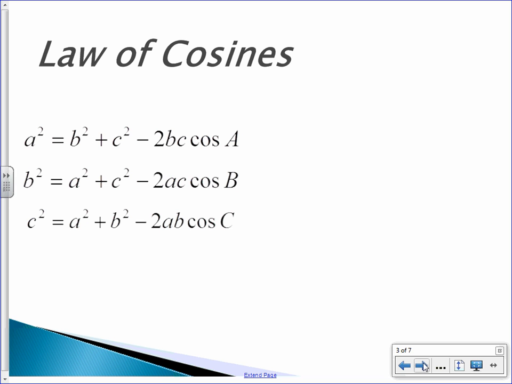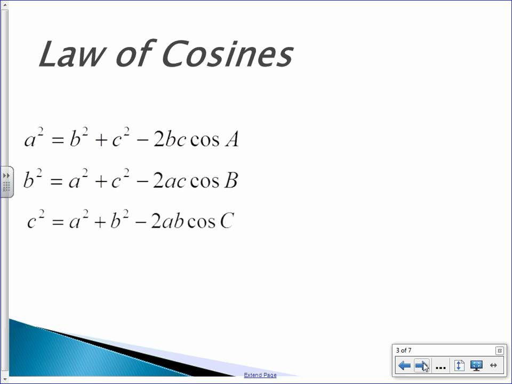Basically, we have a side squared equals the second side squared plus the third side squared, minus 2 times those two sides, times the cosine of the angle that matches this side over here. So just write down one of these and know that whatever side is lonely over here, that's the angle in your cosine.